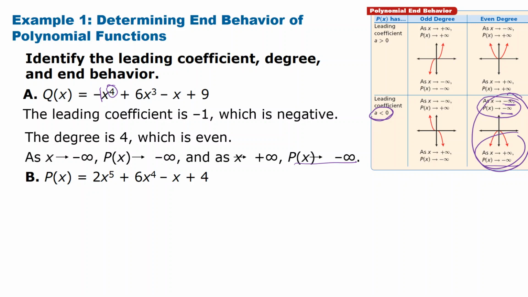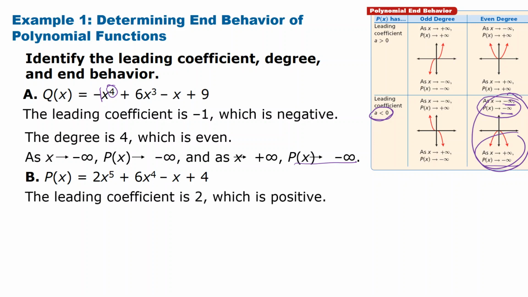This one says our leading coefficient is 2, and that's going to be positive. The next thing we need to look at is the highest degree, which is 5. 5 is odd, so we're going to look at this picture right here. And actually, I covered up all the information on it by doing that.